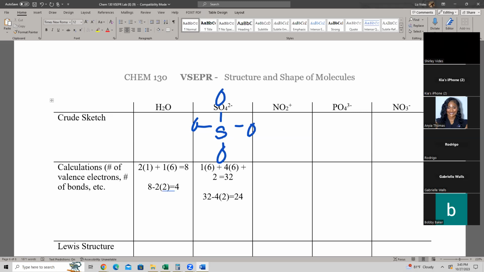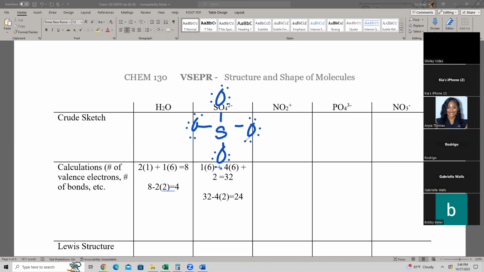So there you go. So now we know how many electrons we have available to place around the central atom. And for this one, we have 24. So 1, 2, 3, 4, 5, 6, 8, 10, 12. I know I'm doing them all random. 14, 16, 18, 20, 22, and 2 more is 24.